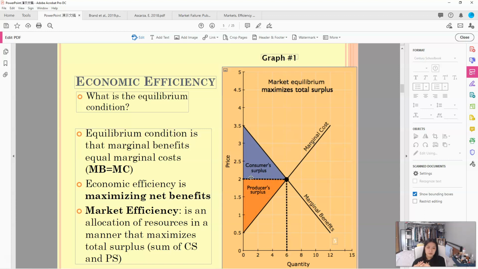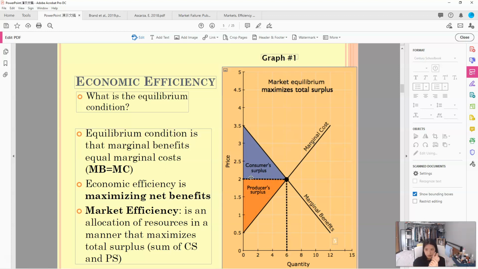From my perspective, those two conditions are the same, because the marginal benefits curve is the demand curve, and the marginal costs curve is the supply curve. So when we talk about demand equal to supply, we are also talking about marginal benefits equal to marginal costs.